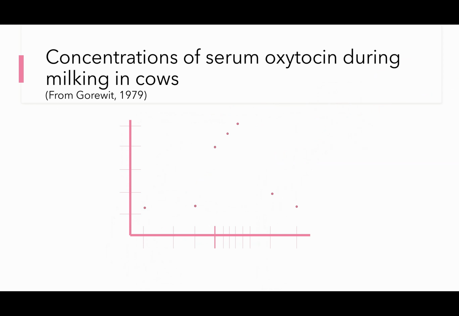Now this chart is just associated with showing the concentrations of serum oxytocin during milking in cows, and this is associated with what we just discussed as the milk letdown reflex. The x-axis is the time relative to milking in minutes. So let's write that.